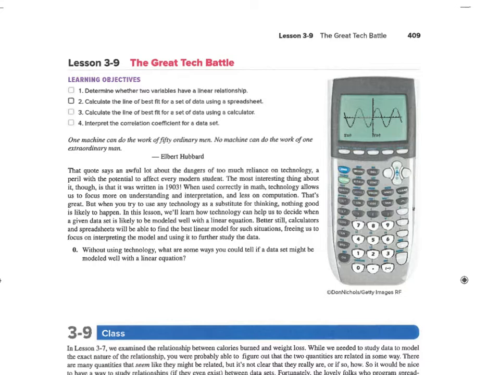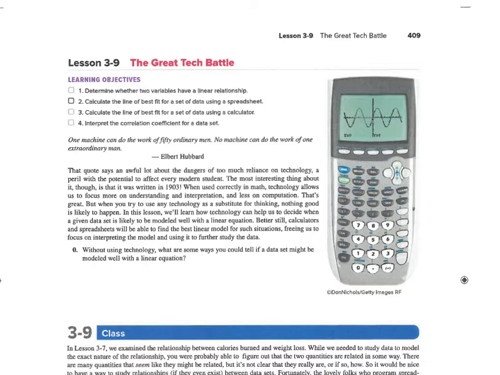Now, Connect Math has a video. If you have a graphing calculator and you want to do your line of best fit there, then you will want to go into Connect Math, again at section 3.9, and look for the video that shows you how to find the line of best fit.